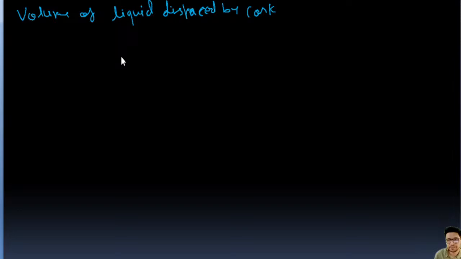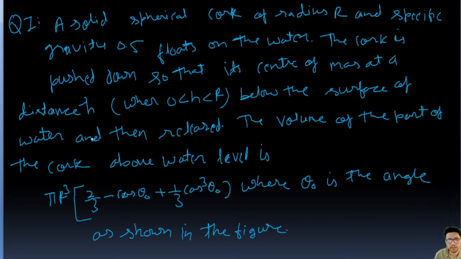That is going to be the total volume of that sphere, 4 by 3 pi r cube, minus the volume of the part of the cork which is above the water surface. Okay, that is given here, right?